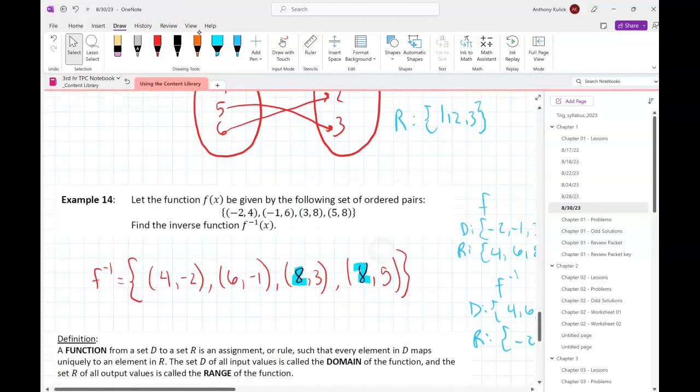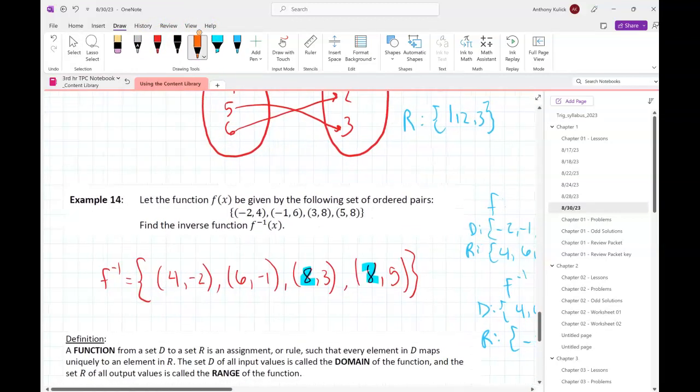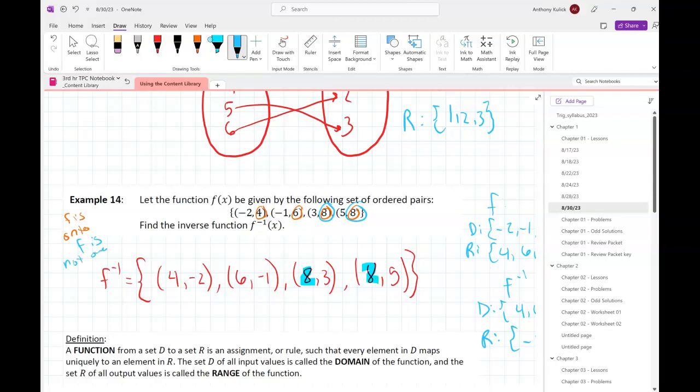Let's go and look at this f down here in example 14. Is f onto? Sure, right? It's got some values, uses them, but is it one-to-one? No. It's not one-to-one because we have a repeated y coordinate.